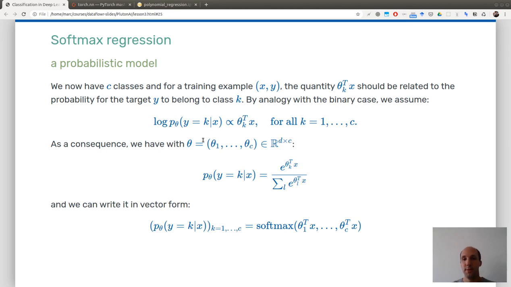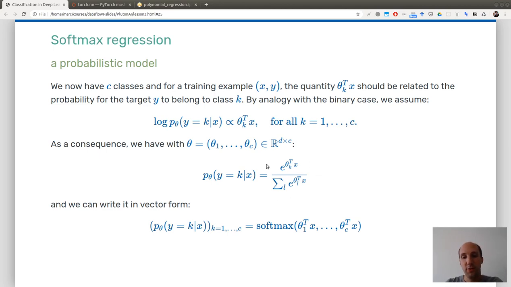So if you make this assumption, this means that you have an explicit formula for the probability of y being of class k given an image x. It's proportional to this exponent, and you need to renormalize it in order to get a probability, something which is between 0 and 1.